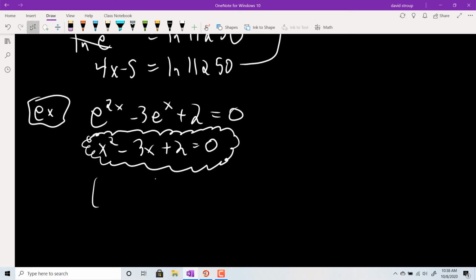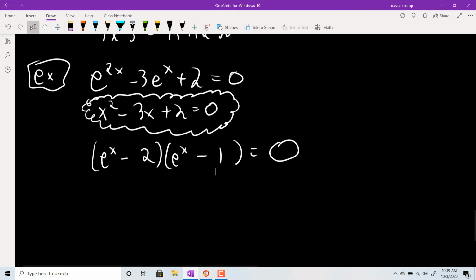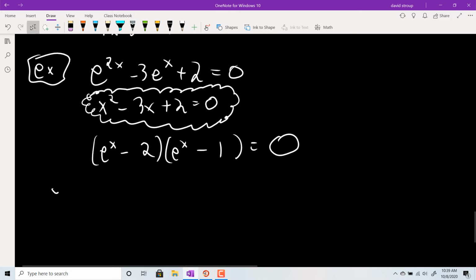Well, you would factor it, right? And that's exactly how you're going to handle this one. So instead of x, we have e to the x. Right? So it's going to be e to the x times e to the x, and then you need minus, minus, and then it's going to be 2 and 1, I believe. Okay? And then you could set the parts equal to 0, and you'll end up with 2 exponential equations.